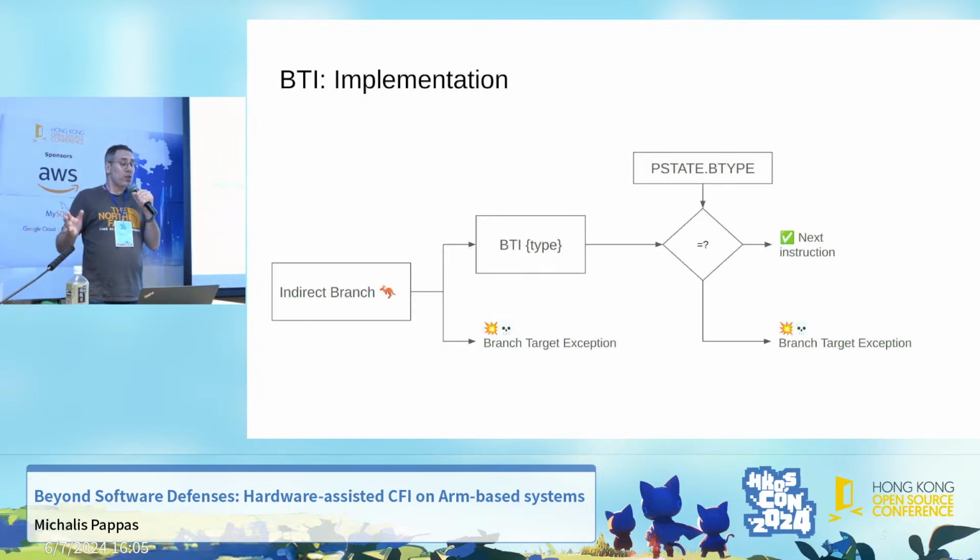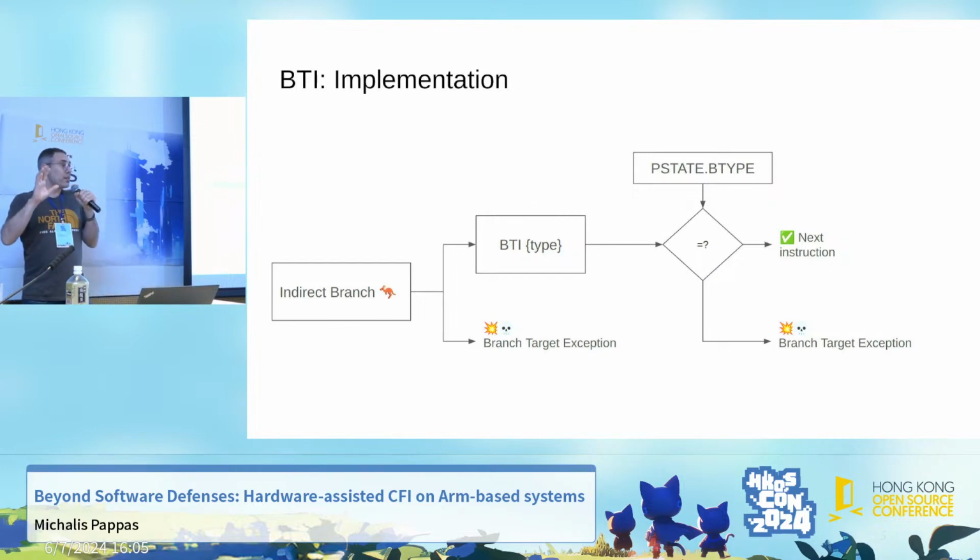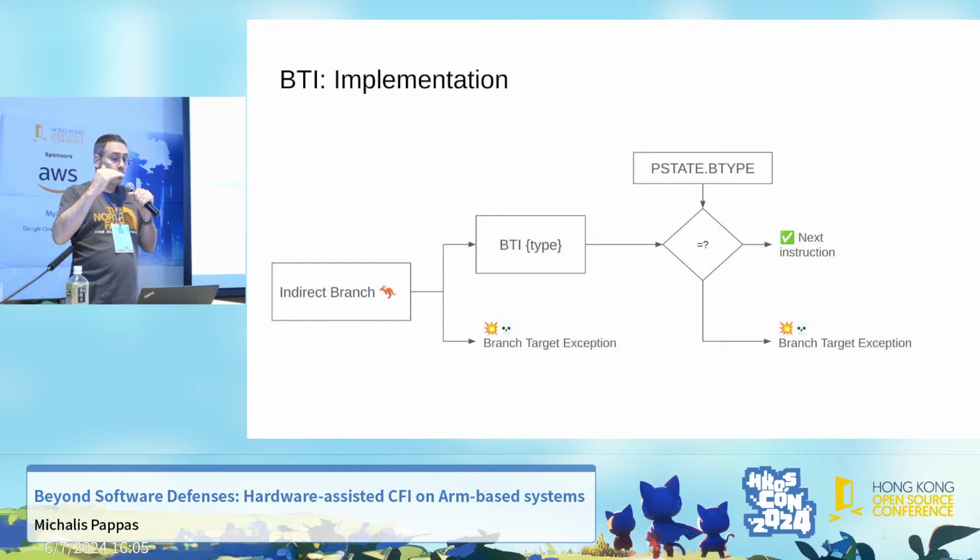And this means that when you do a jump, it's not only enough to jump to a BTI instruction, but the BTI instruction also has to match the value of the branch type, right? So as I said, this is similar to the modifier. It restricts your jump targets to specific origins.